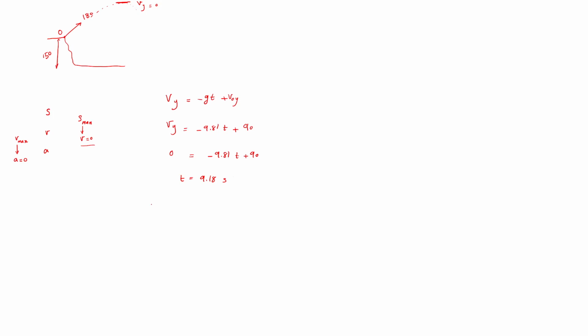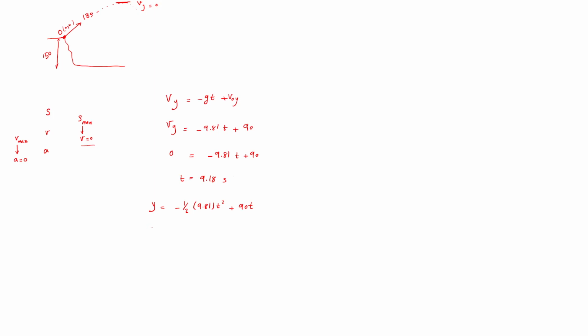What is the equation for the y-axis? y equals minus 1/2 gt squared plus V0y, which is 90, times t. The initial position along the y-axis is 0 because we set up our origin here.